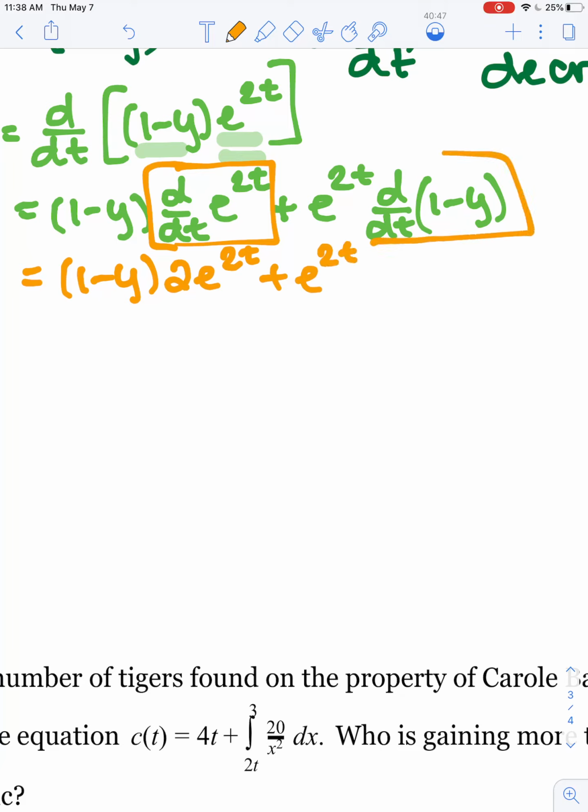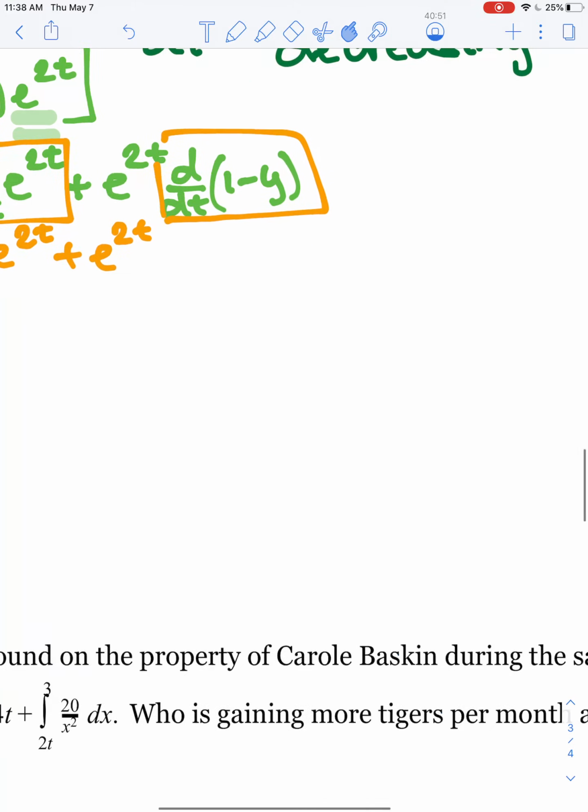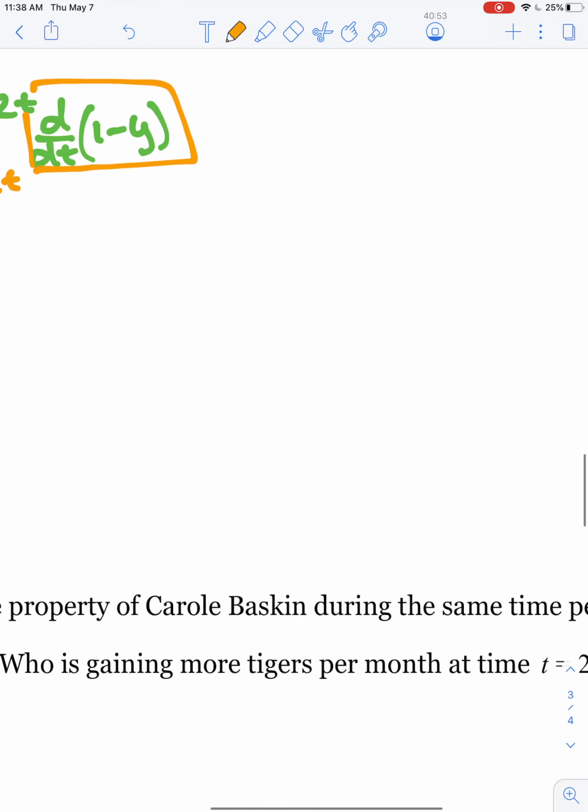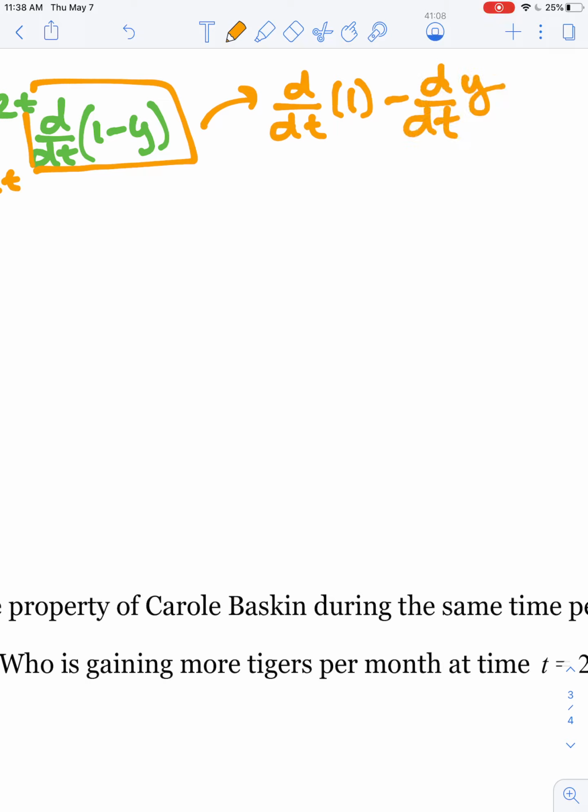And then I'm really going to break up this derivative to see what all is happening. So I'm actually going to jump over to the side here and focus on d/dt of the quantity 1 minus y. Notice that that can be rewritten as d/dt of 1 minus d/dt of y. The derivative of a constant is just 0, right?